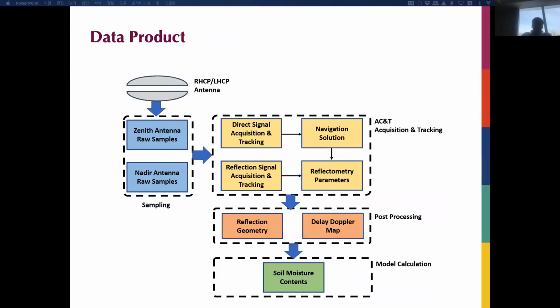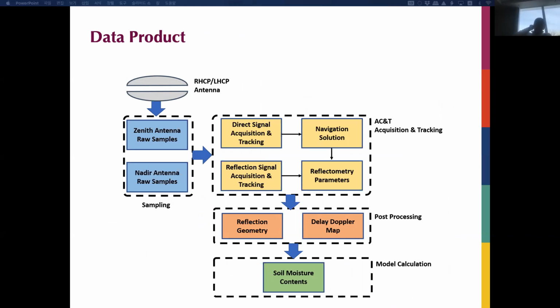Using this delay Doppler map, here is our data product algorithm. We capture the electromagnetic signal using the antenna and the front end, and we sample the reflected and direct signals.